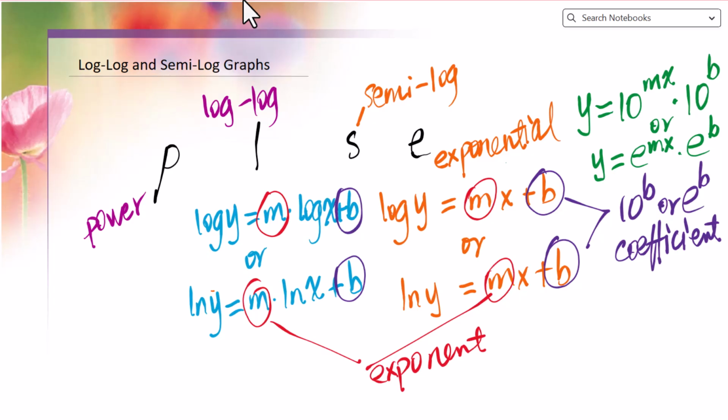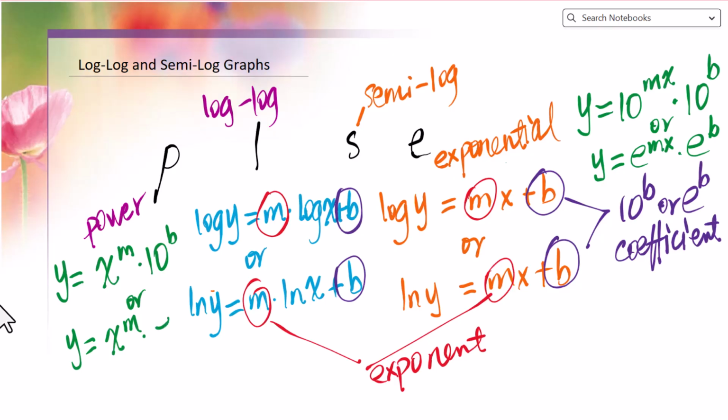For power function model, y equals, this x must be the base, m is the exponent, times 10 to the power of b, or y equals x to the power of m times e to the power of b.